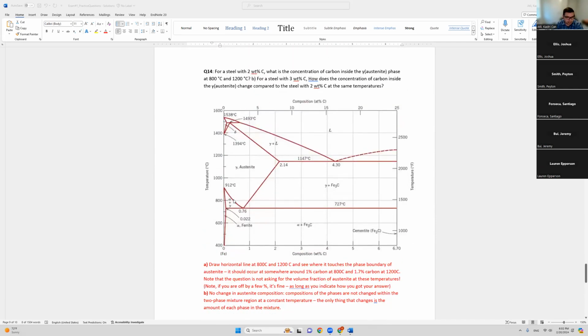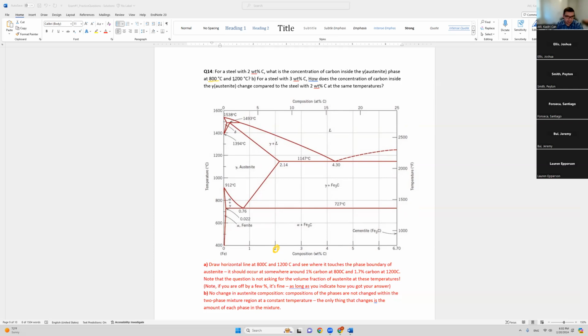So this question is very similar to the previous questions we did for nickel titanium. I'm going to solve only one part again. For a steel with 2 weight percent of carbon, note that we are given the composition, the carbon content is 2%. What is the concentration of carbon inside the austenite phase at 800 and 1200 degrees C?